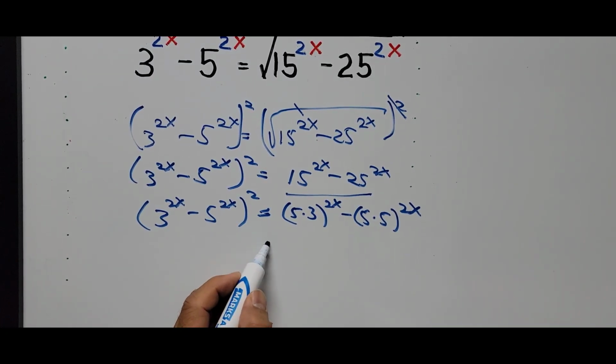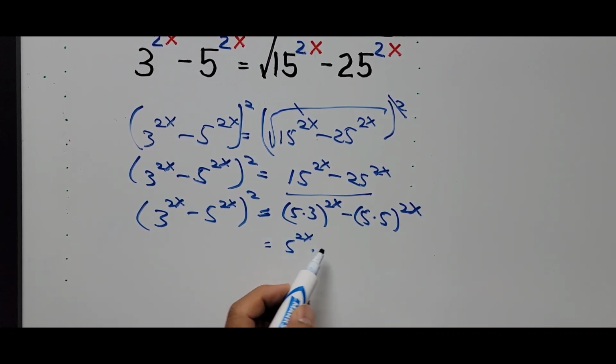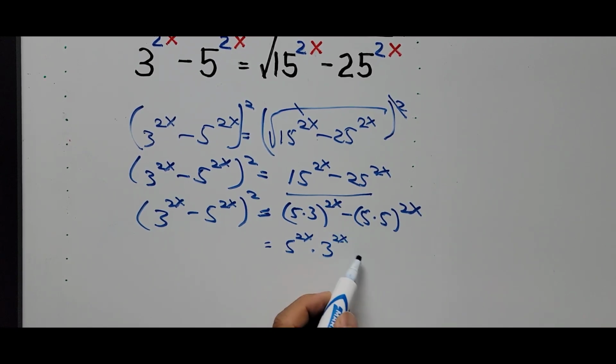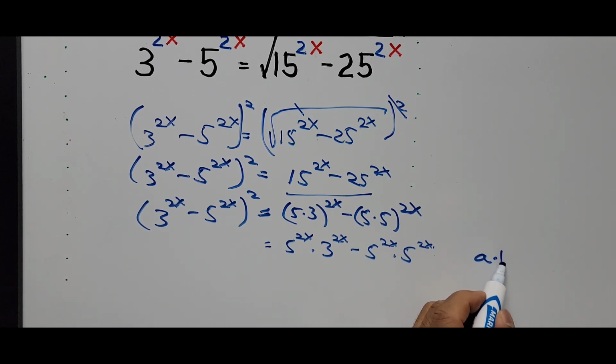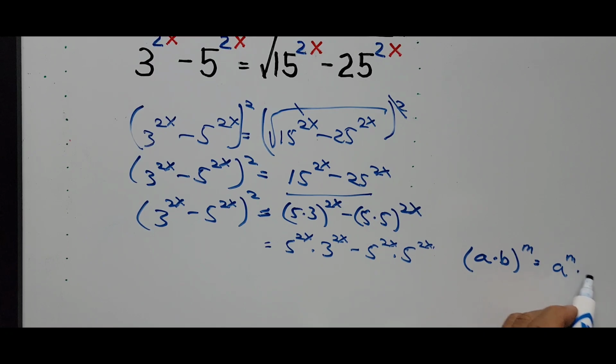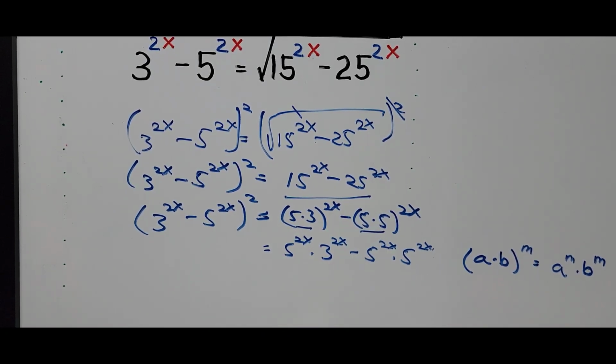The right side can be written as 5 raised to the 2x times 3 raised to the 2x, minus 5 raised to 2x times 5 raised to 2x again. We're using the power rule, that is a times b raised to m equals a raised to m times b raised to m. That's what we did on these two terms, so we ended up splitting.